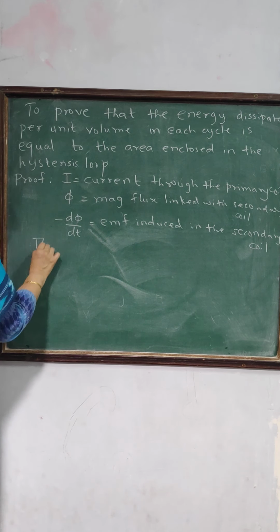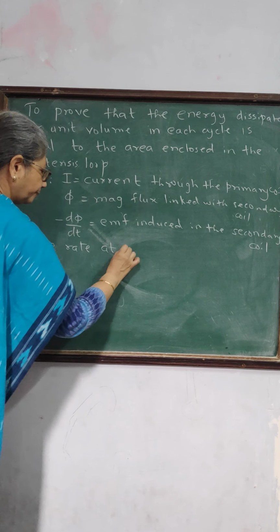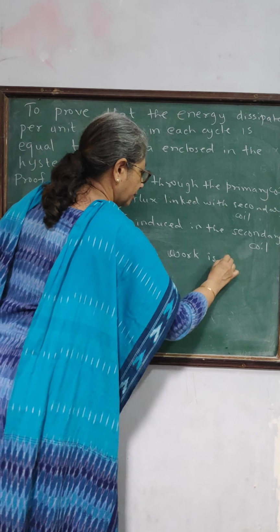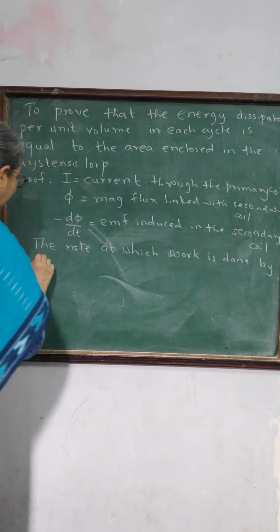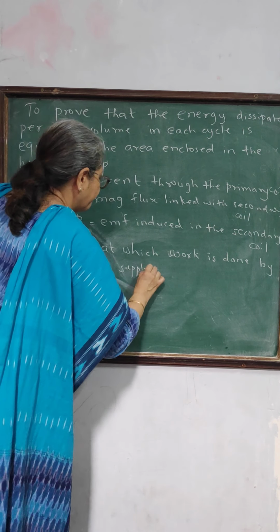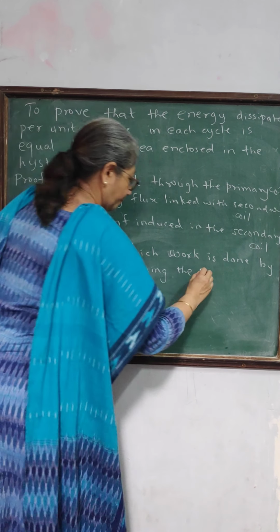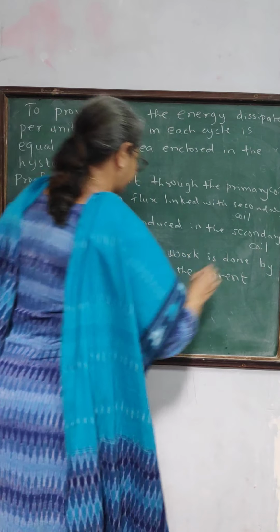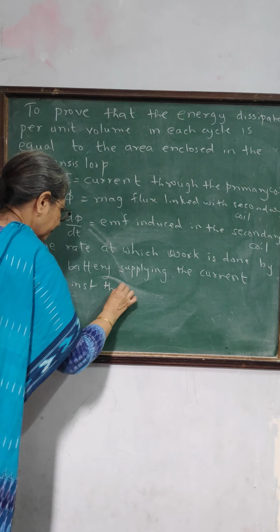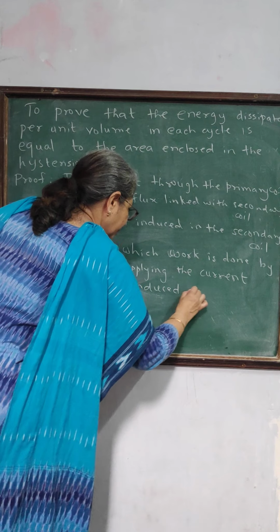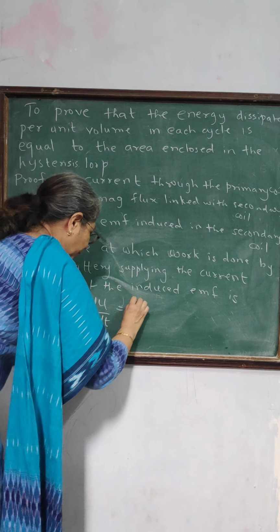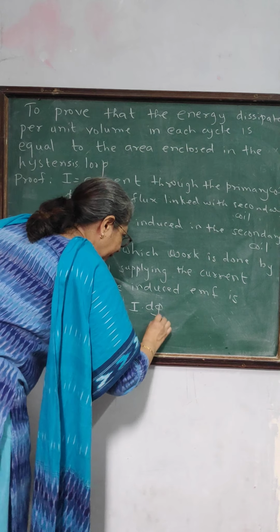So we can say that the rate at which work is done by the battery supplying the current against the induced EMF is du by dt, and it will be equal to I into d phi by dt.